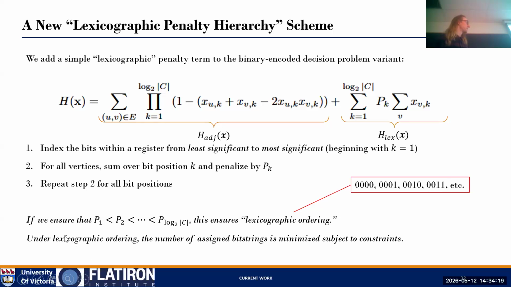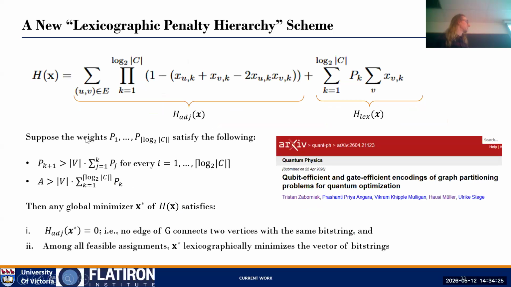And we've shown that under lexicographic ordering, the number of assigned bit strings is minimized, subject to certain constraints being satisfied. We need these weights not to just be in an ordered hierarchy, but they have to satisfy the following two conditions. The first here basically says that the lowest significance bit strings must be exhausted before higher significance bit strings are induced.